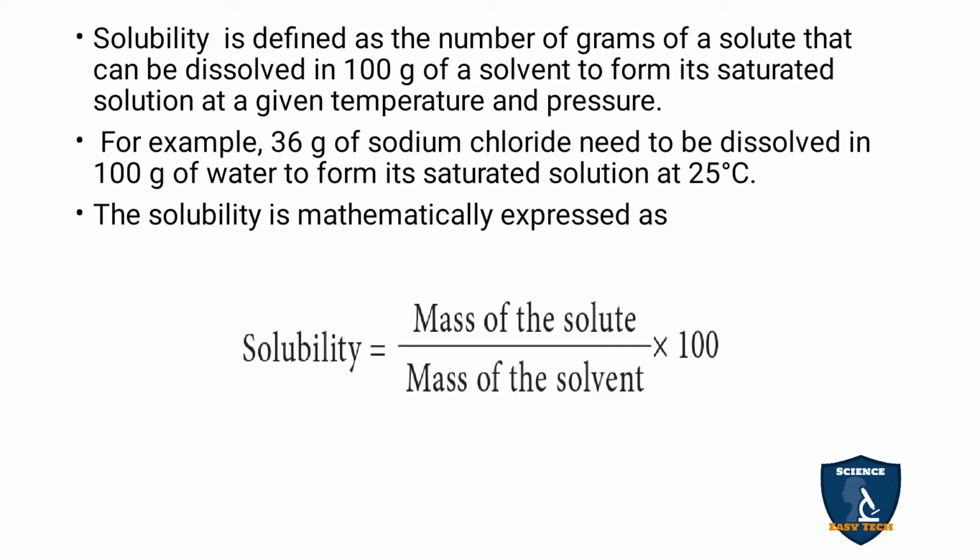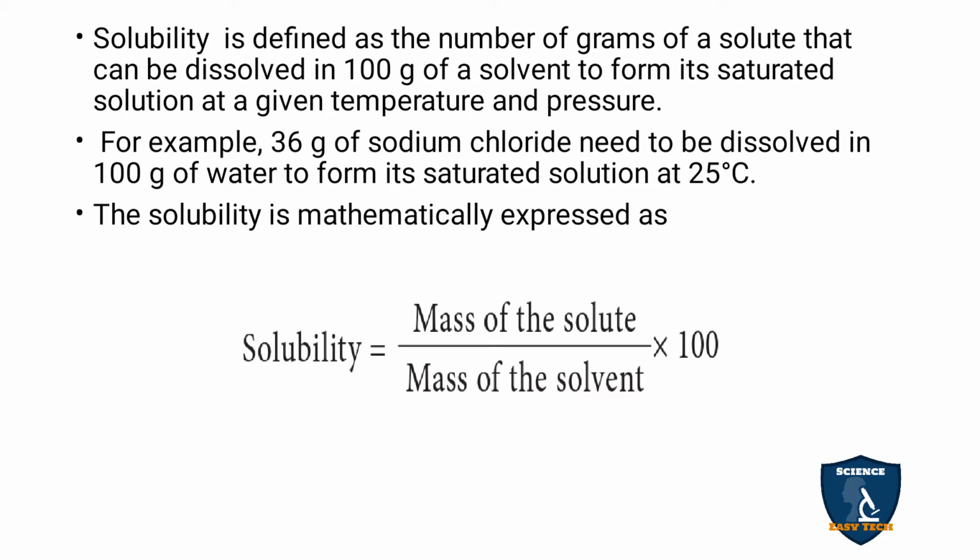Now we will see the definition of solubility. Solubility is defined as the number of grams of solute that can be dissolved in 100 grams of solvent to form its saturated solution at a given temperature and pressure. That is, the number of grams of solute that is going to dissolve in 100 grams of water.